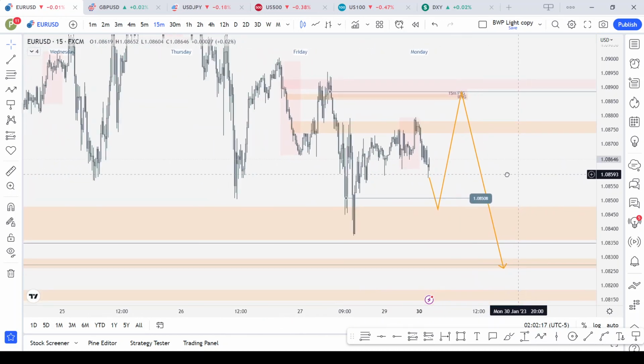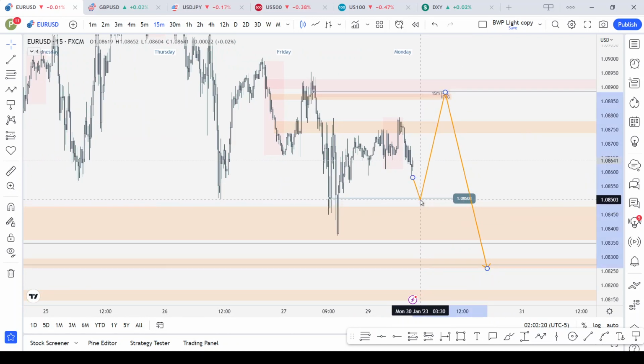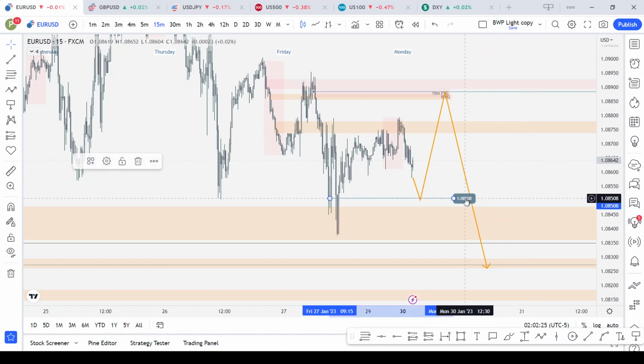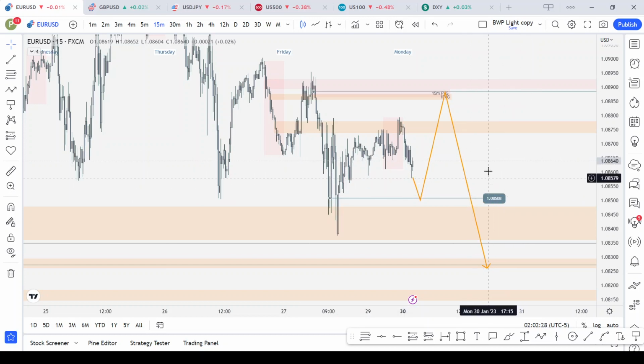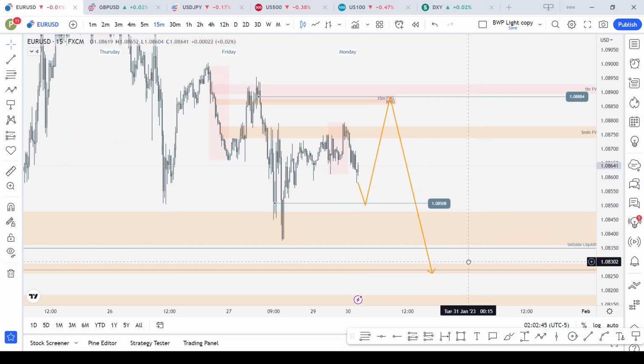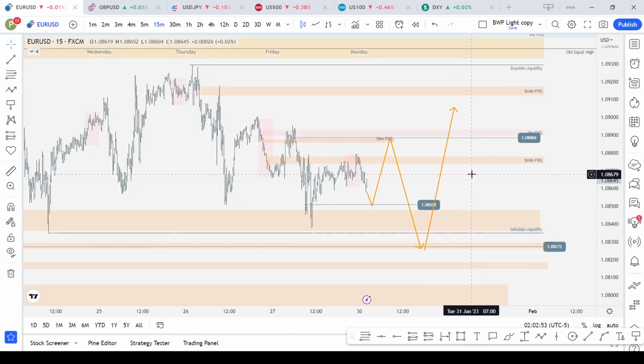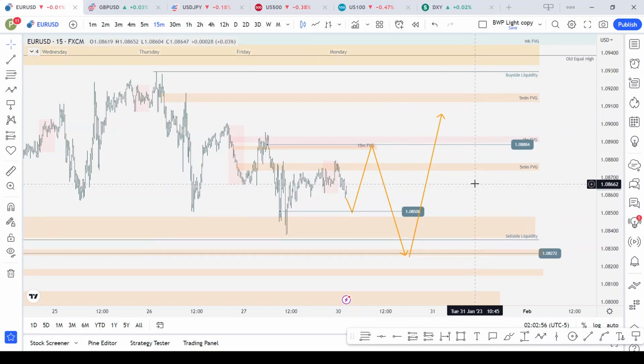So this is a level to pay attention to. 1.08508 is going to be a significant level to pay attention to. And so if a long forms somewhere around here, you can target this level and look to take a short from this level down to this level, and then look to frame a long from this level to, so something like this.